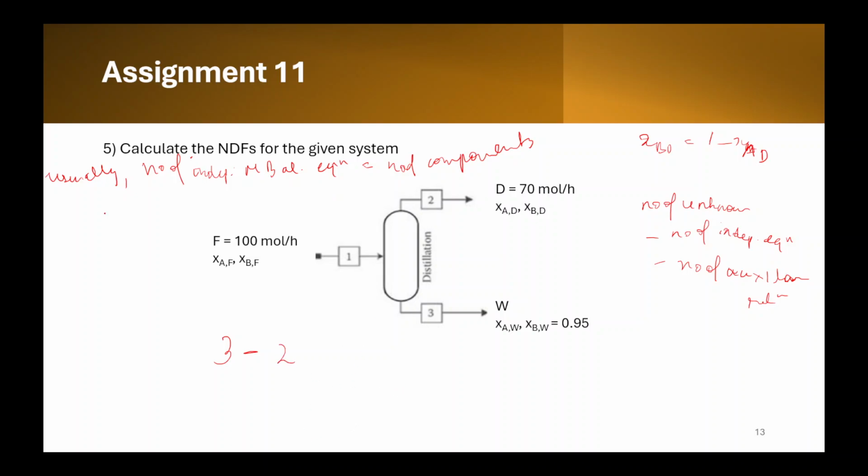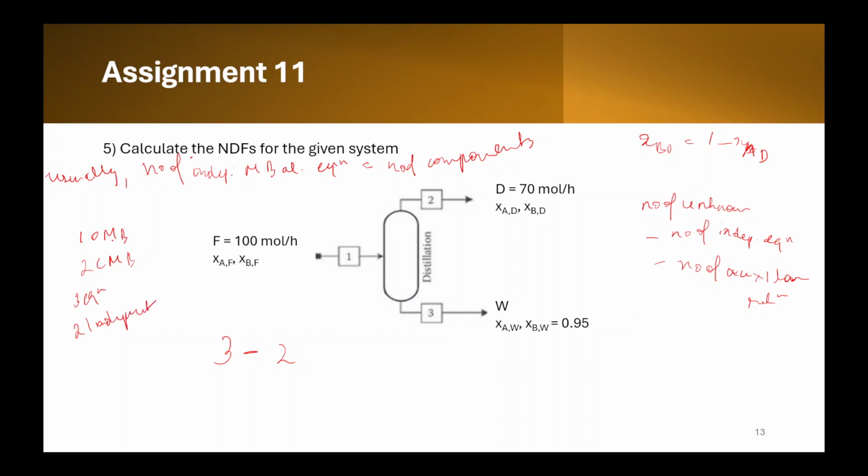Or you can say the total material balance equations are 1 overall material balance and 2 component material balances. But as I have told you, if you sum these two, you get the overall material balance. If you subtract one of these component material balances from the OMB, you get another component material balance. So there are 3 equations, however only 2 are independent, while the third one is dependent on the others.